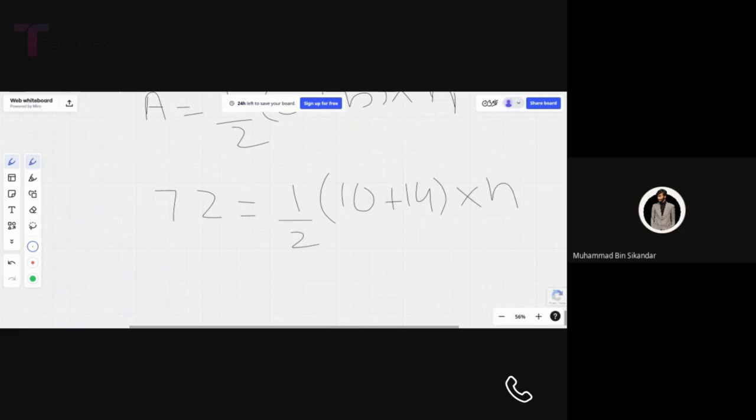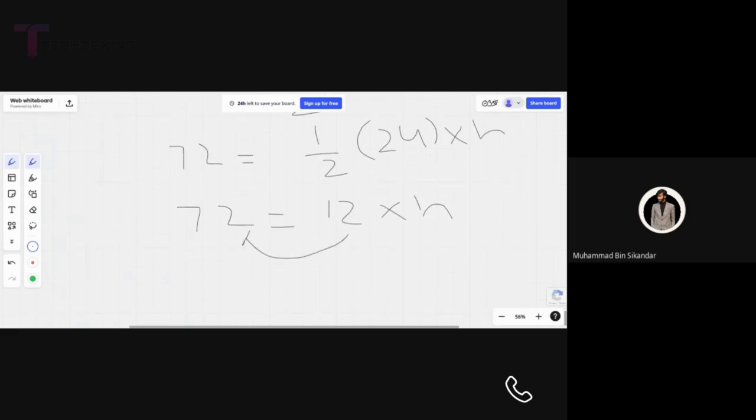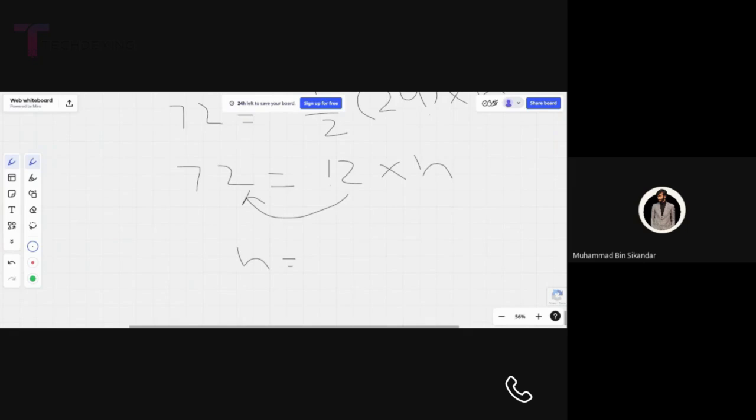Let me work it out. 1 by 2 of 24 will be 12. So it will become 12 multiplied by h, and I'll move the 12 to the other side. h is equal to 72 divided by 12.